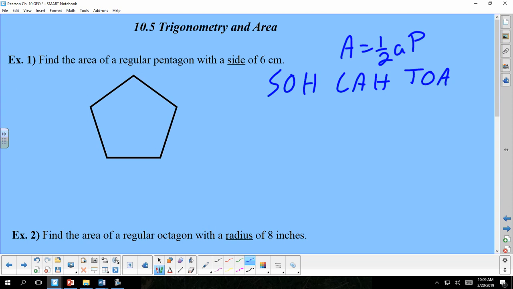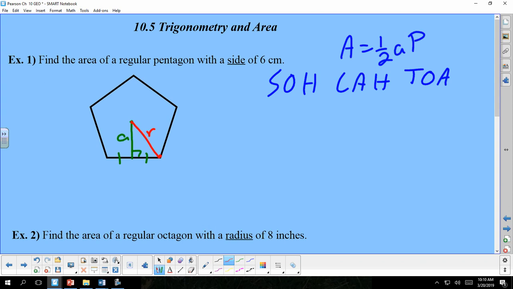So we need one of three things to go ahead and find the area of these. Either the apothem, which is perpendicular from a side to the center, and it also bisects our side, so that's important to remember. Or the radius, which goes from one of the vertices to the center.